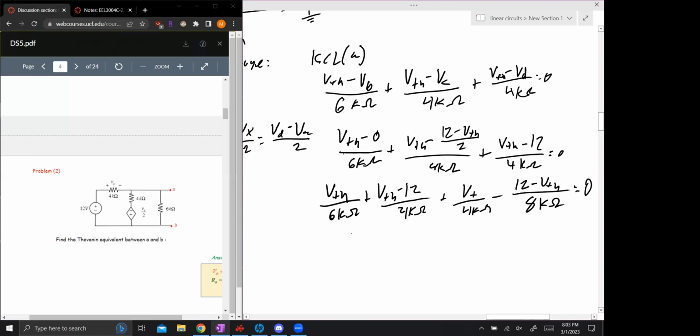Let's see, 8, 24. So for me, I see that 24 is the common denominator for all of these. So I'll multiply this by 4, so this will be 4 V Thevenin, plus 6 V Thevenin minus, what's 12 times 6? 72.